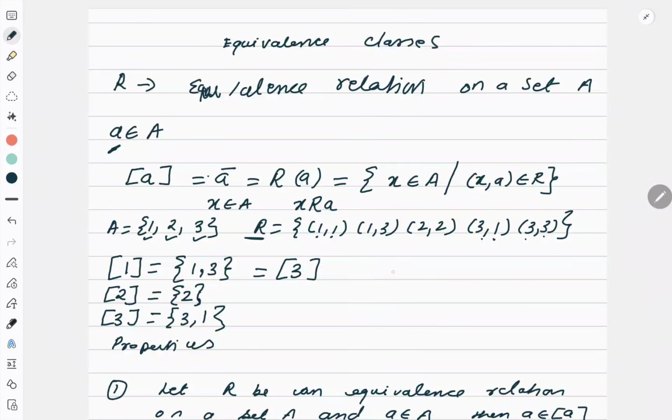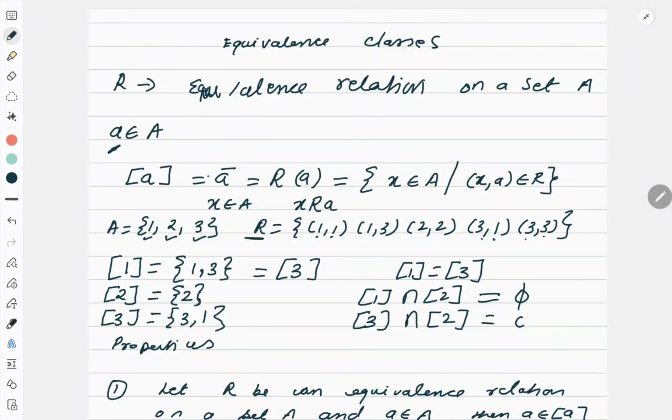For example, here the equivalence classes of 1 and 3 are exactly the same, but the equivalence classes of 1 and 2 are disjoint, so their intersection is a null set. In the same way, the equivalence classes of 3 and 2 have a null set as intersection.